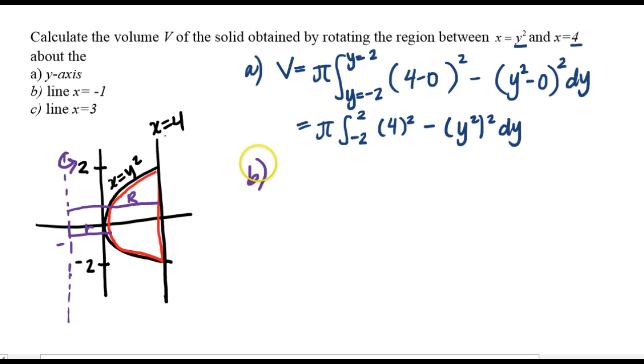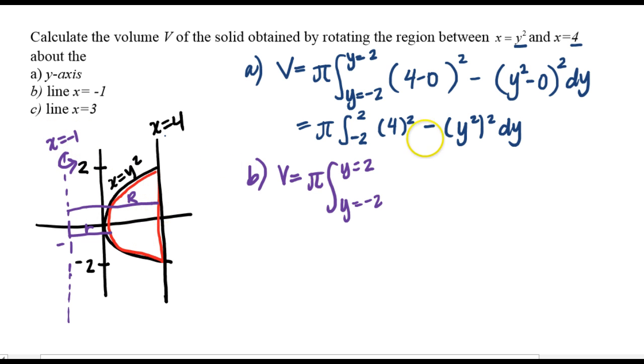Setting up my integral needed to find the volume, I'm going to have pi times the integral from, my region is still from -2 to 2 on the y-axis, so y equals -2 to y equals 2. And my big radius, right minus left, so remember that this vertical line is x equals -1.